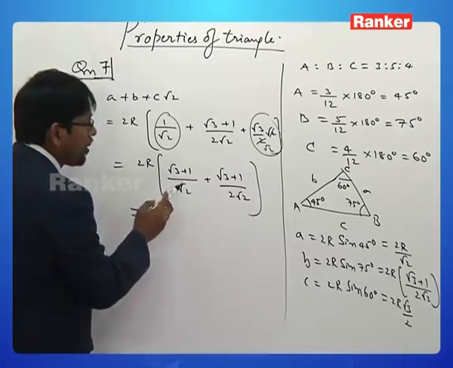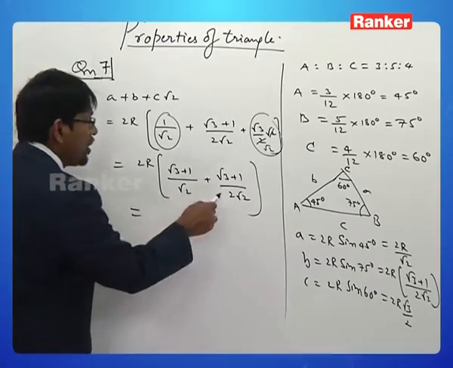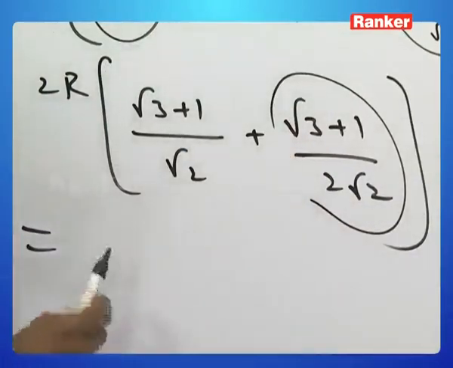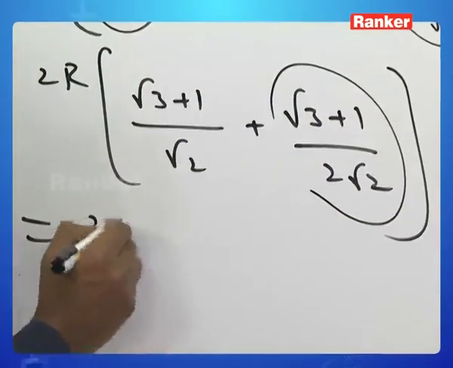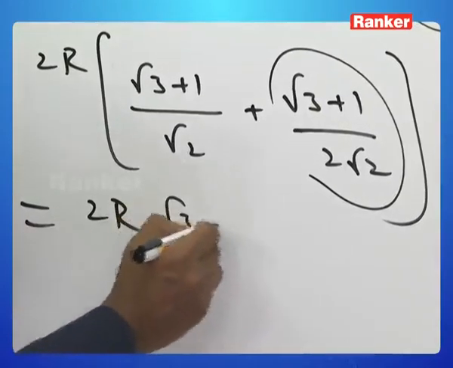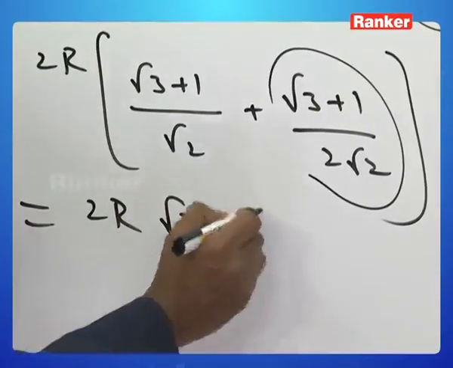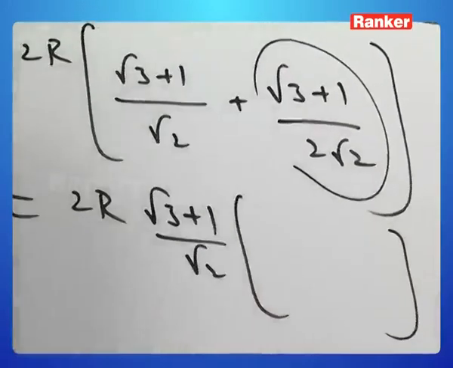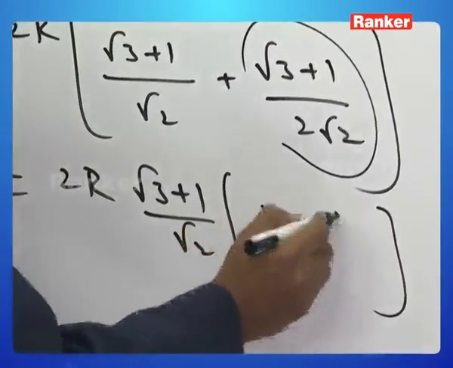Now, can we write this as 2r into root 3 plus 1 by root 2? We can take 1 by root 2 common, and we have here 1 plus 1 by 2.